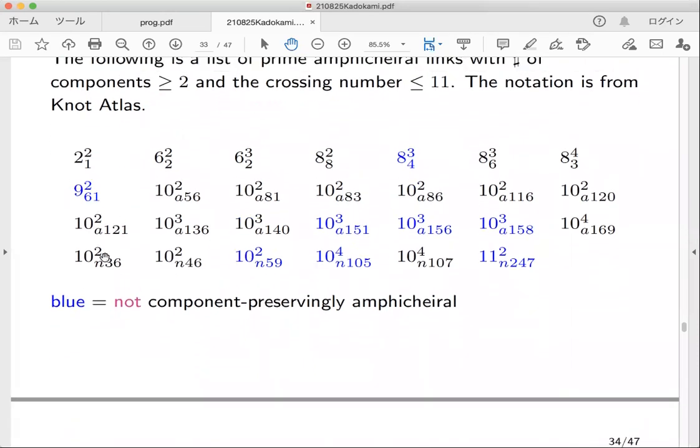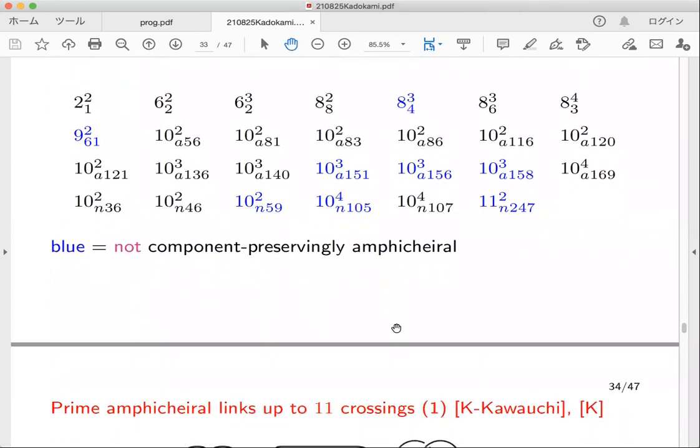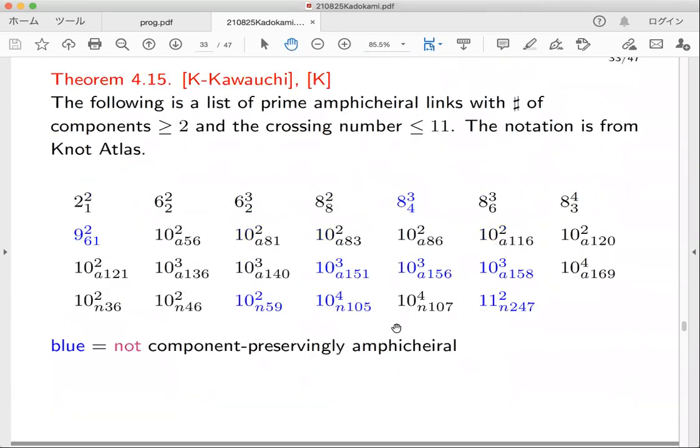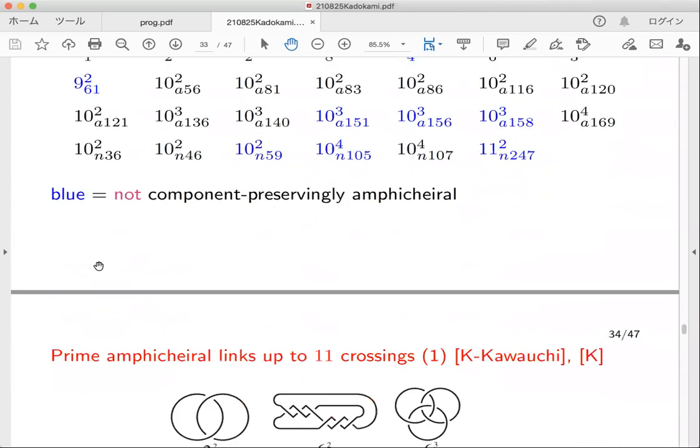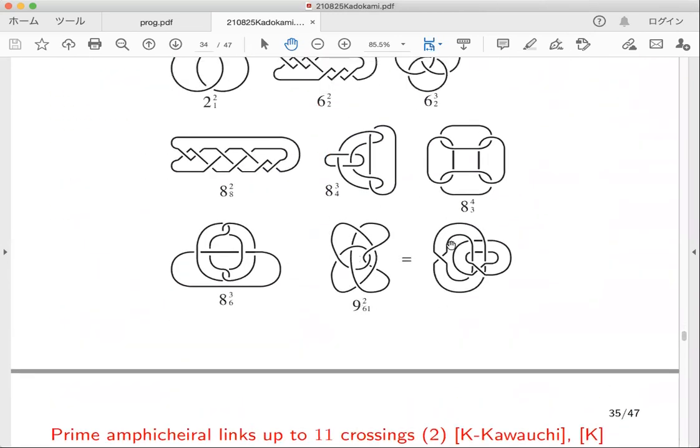The blue one implies that it is not component preservingly Amphicheiral. For example, let us see this one. This is a 9 crossing Amphicheiral link, and this is not component preservingly Amphicheiral.